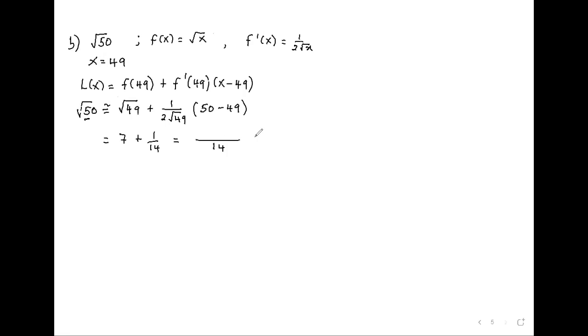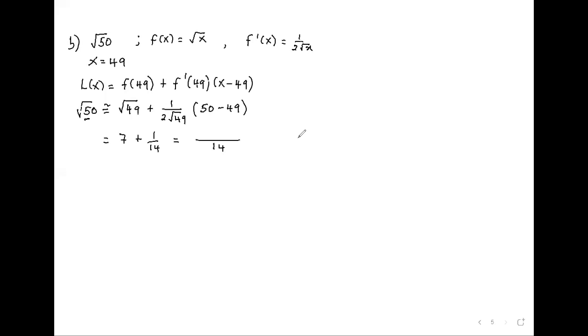Then we use linearization: root of 49 plus 1 over 14 times (x minus 49), where x is 50. So that is 7 plus 1 over 14 times (50 minus 49), and 50 minus 49 is just 1.